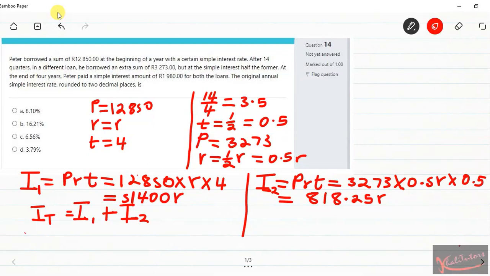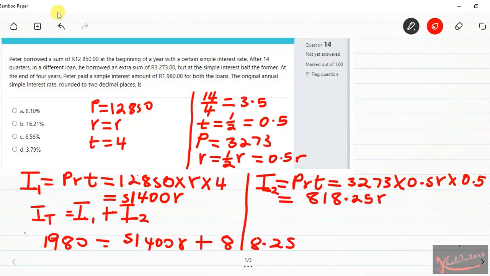The chickens in the background are disturbing, but anyways, let's continue. This is 1,980 equals 51,400 plus, we're just substituting the values that we just calculated previously.